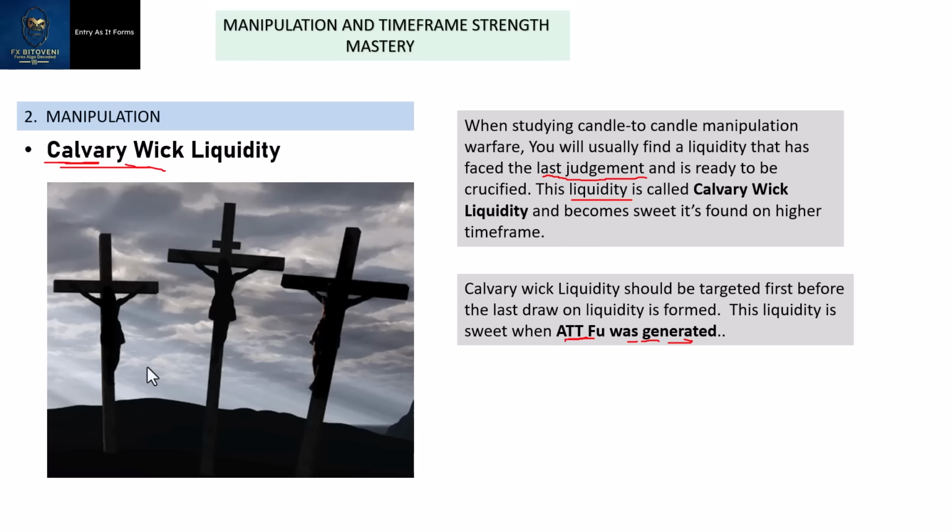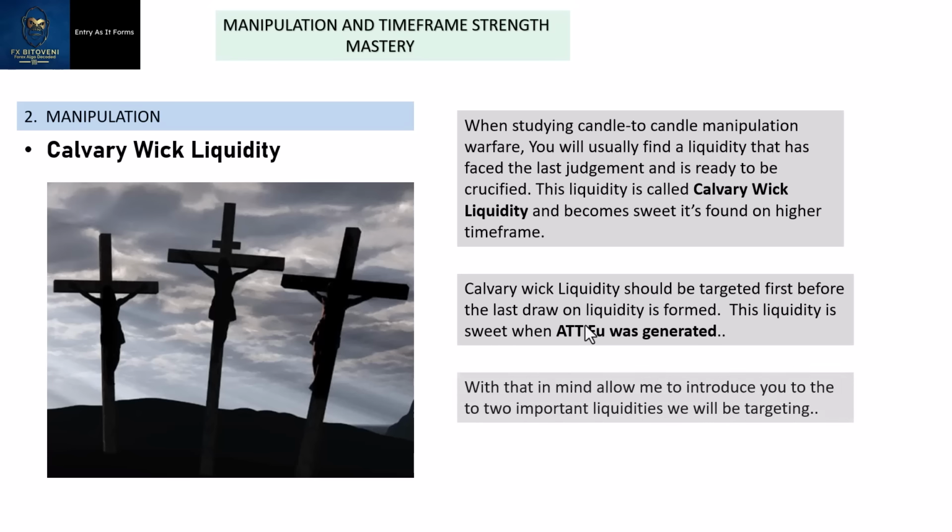It's ready to be put on the cross, right? It cannot survive, it must be taken. It has faced the last judgment. It's waiting for what? For being nailed on the cross, right? So, hope you understand what I mean.